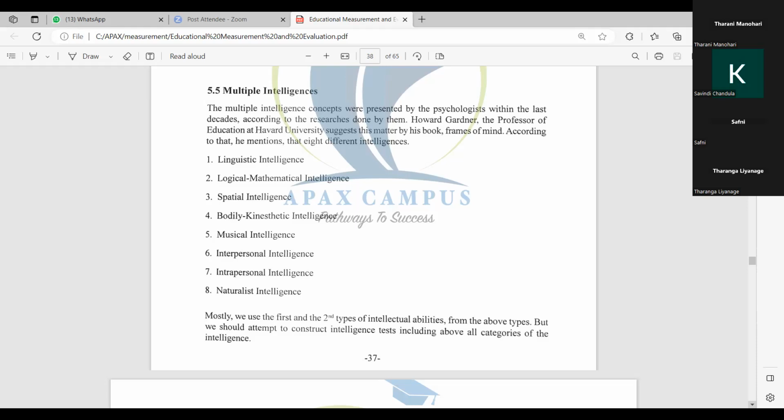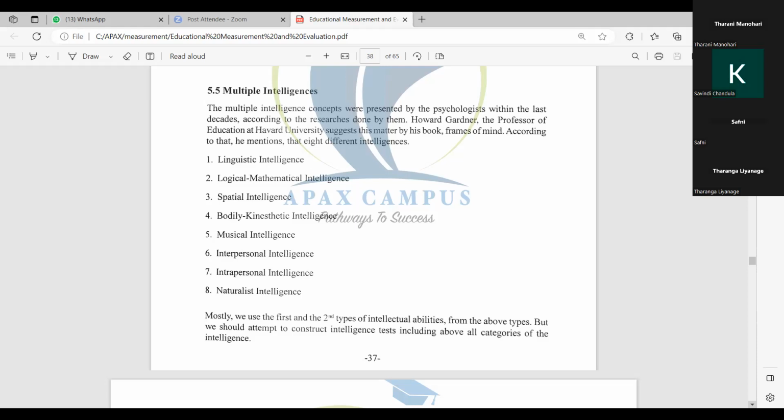The multiple intelligence concepts were presented by psychologists within the last decades, according to the research done by them. Howard Gardner, professor of education at Harvard University, suggests this in his book, Frames of Mind. According to that, he mentions different intelligences.